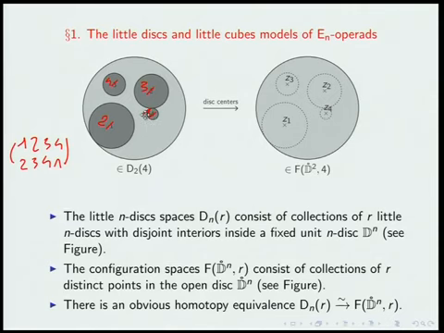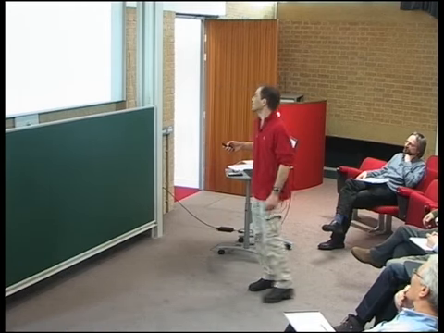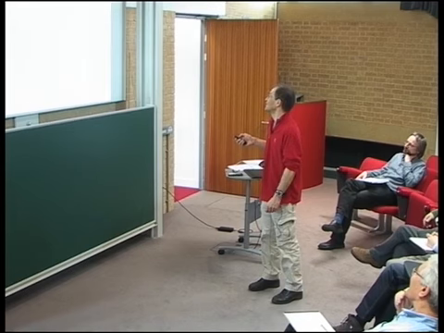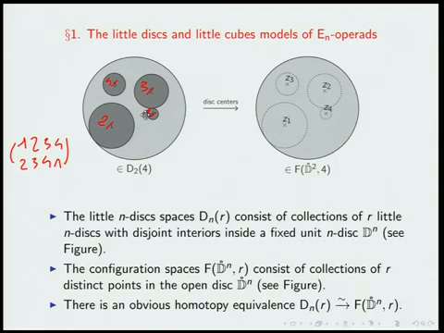You also have an obvious action on this space. So you see that this space inherits an obvious action of a symmetric group, and this map is actually an equivariant homotopy equivalence.